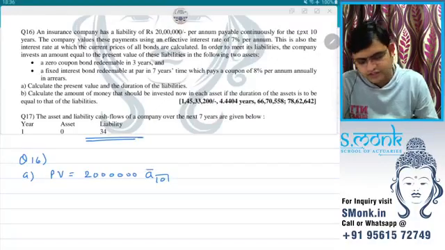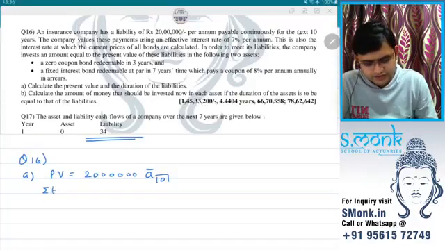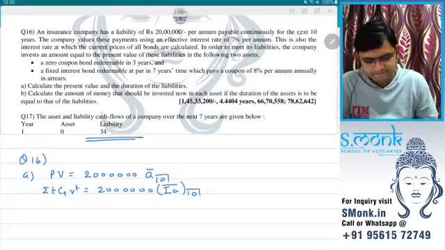Payable continuously, A bar. And then for duration, we'll calculate summation t C_t v raised to t, which will just be I A bar 10. Okay, and then duration we know is going to be summation t C_t v raised to t by present value.